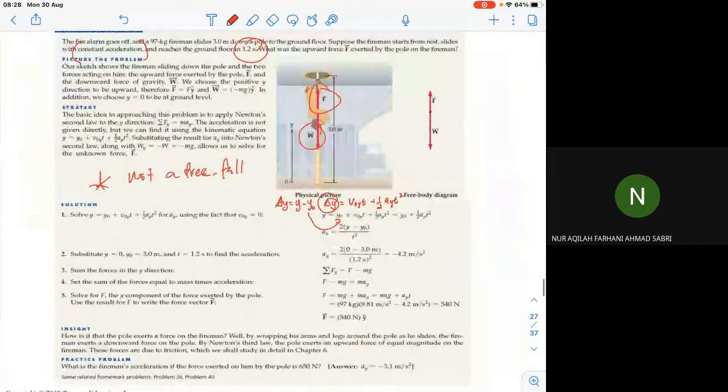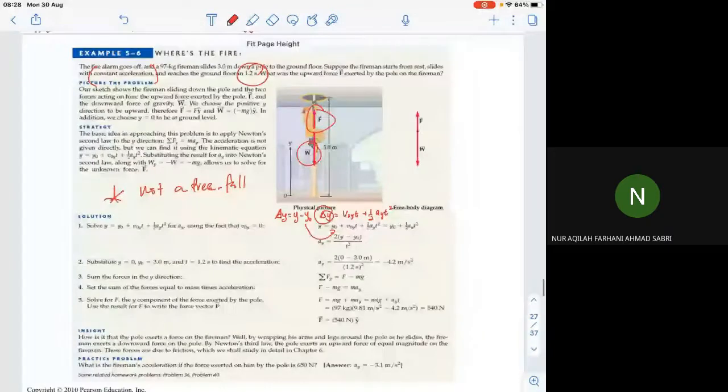There will be no initial velocity in this case because it starts from rest, so v naught y will be 0. So that's why only y naught plus half a y t squared is left.